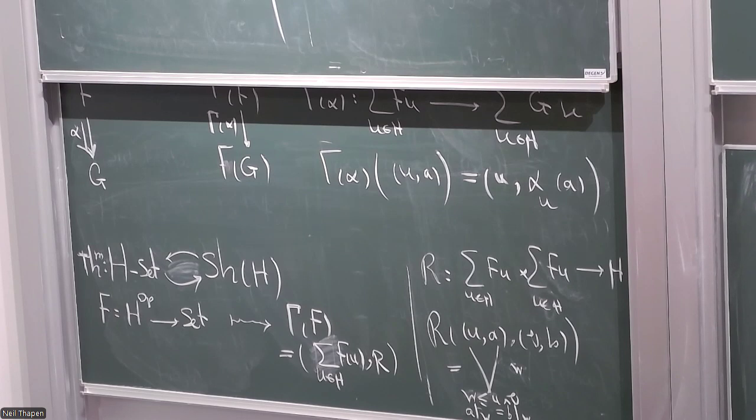You may say that we don't need sheaves to prove independence, because sheaves on H is equivalent to H sets. This is more logical, right? Defined in a better way, kind of. So use that just to prove independence.